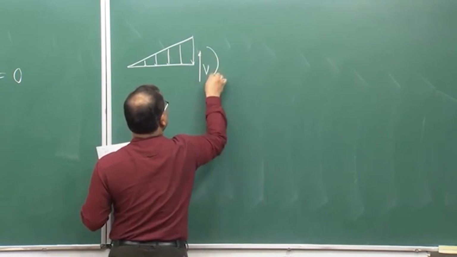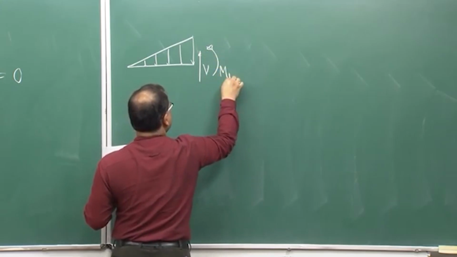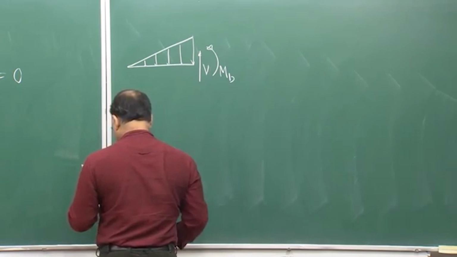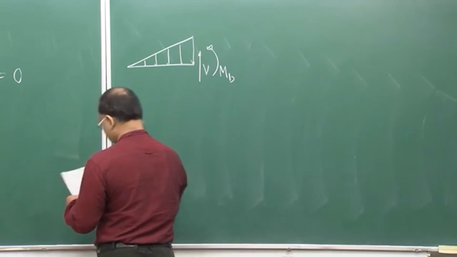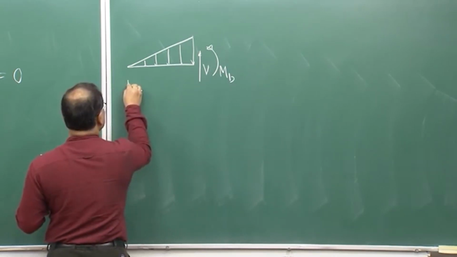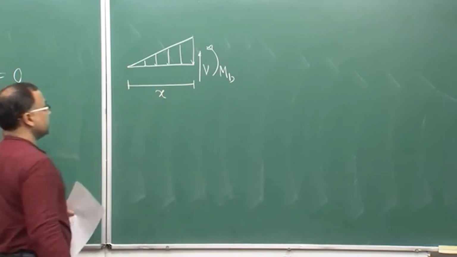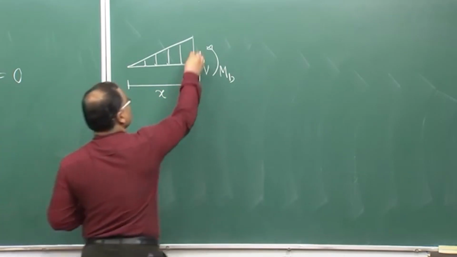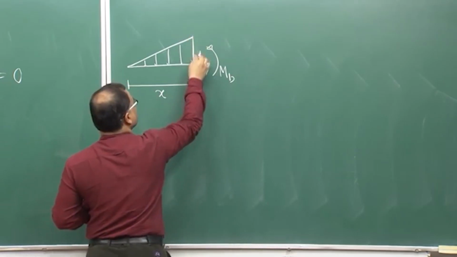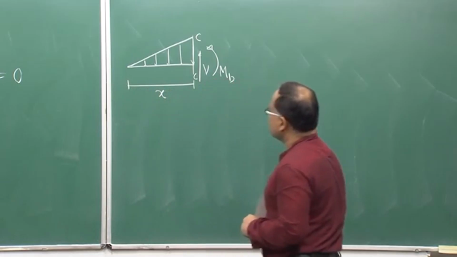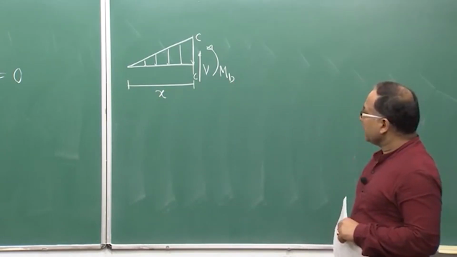This is V, this is MB, that is the bending moment and shear force, and this is x distance. This is your section CC, x distance away from the free end.